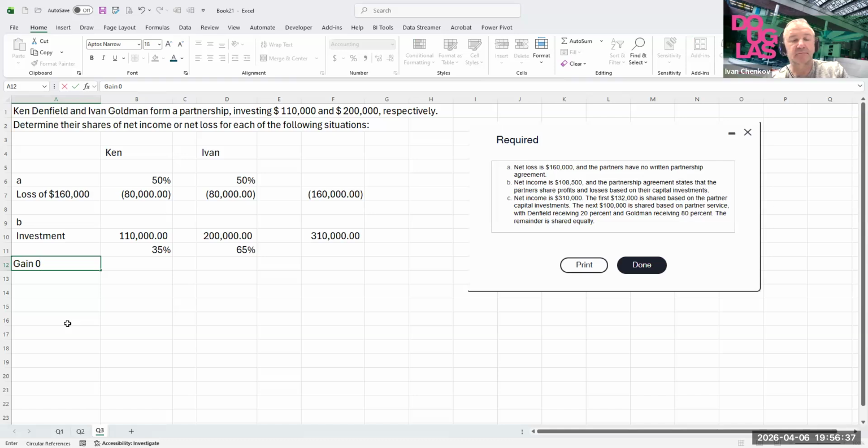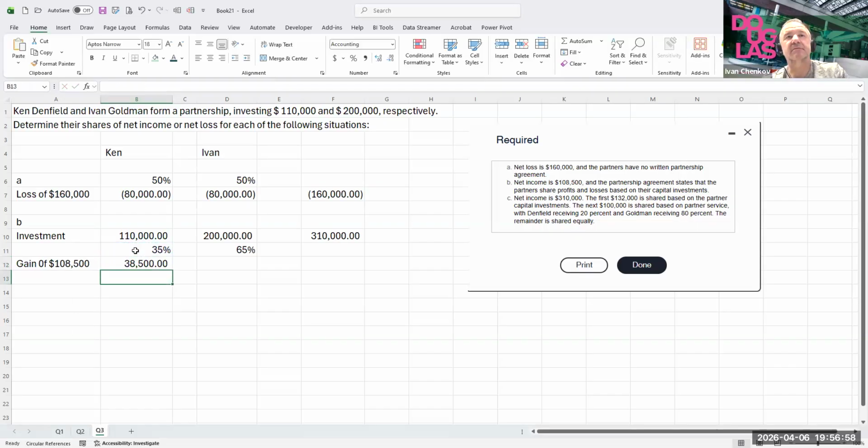So now they have a gain of dollar amount 108,500. So how much is Ken going to get? Ken's going to get 108,500 times 35%.